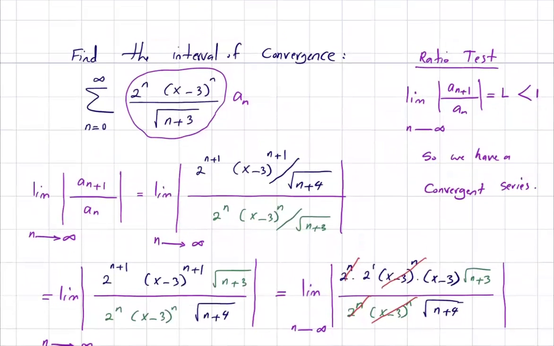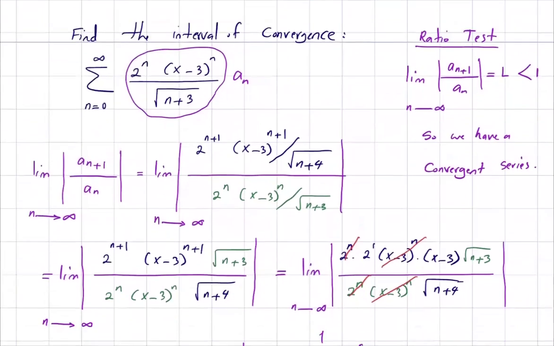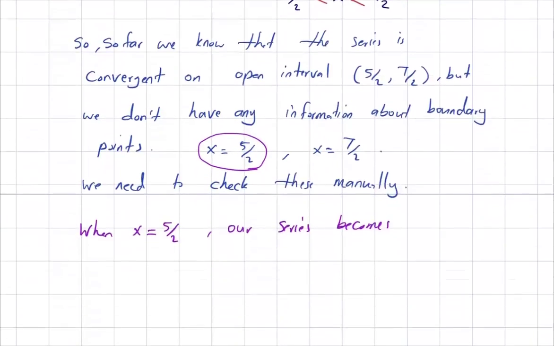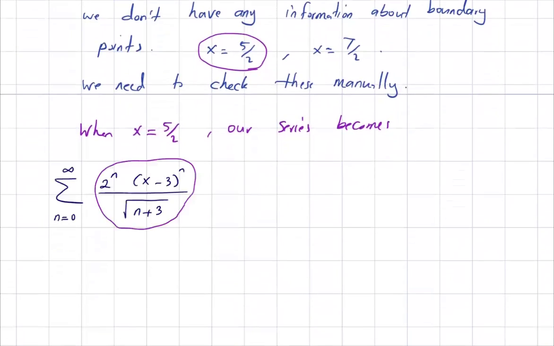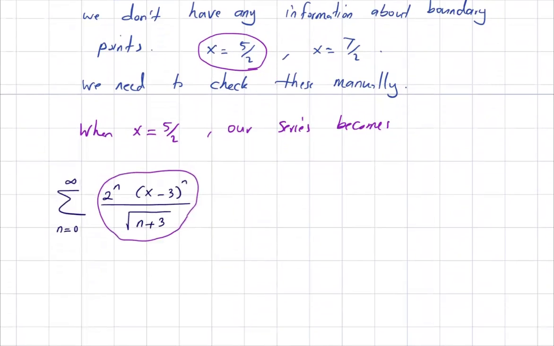So let me copy this down. Our series becomes the summation of 2 to power n.